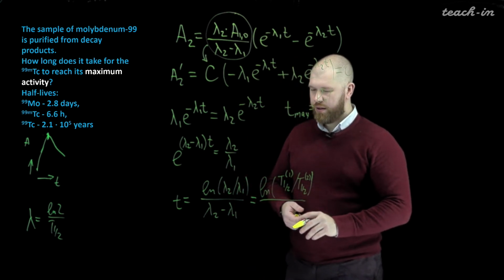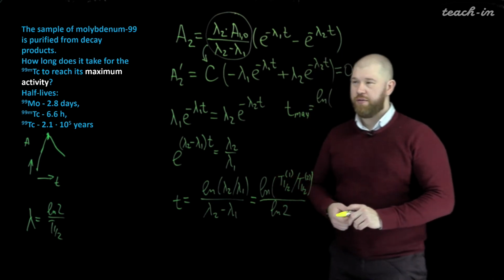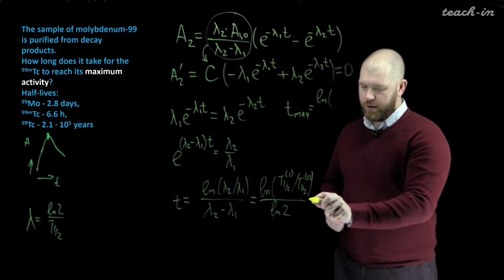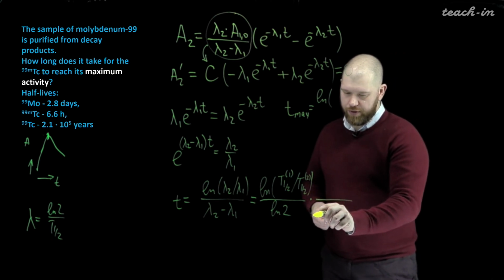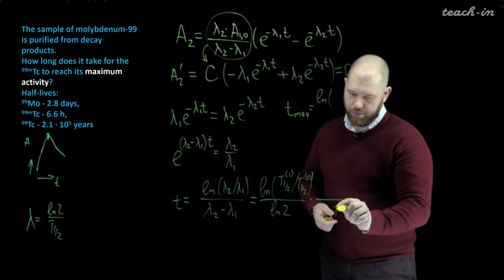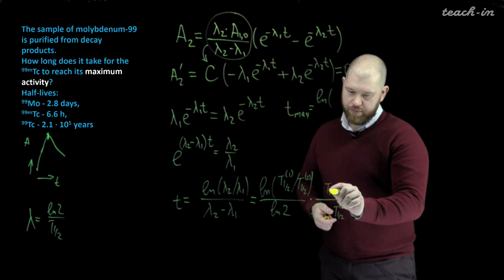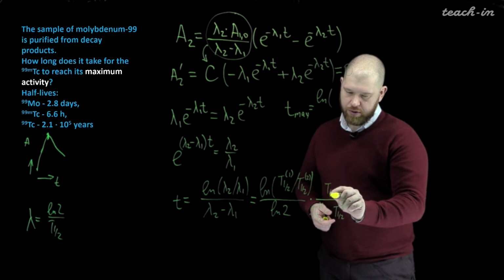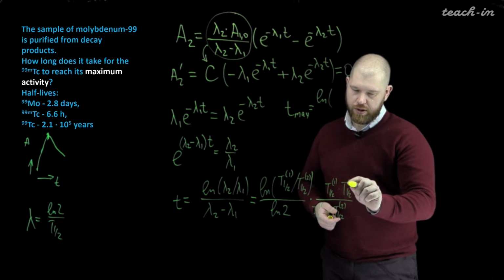Then, in the bottom part, we will have logarithm 2, and then the difference in half-lives in the bottom part, and the product of these two half-lives.